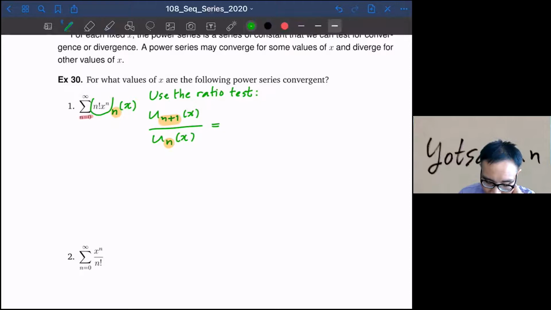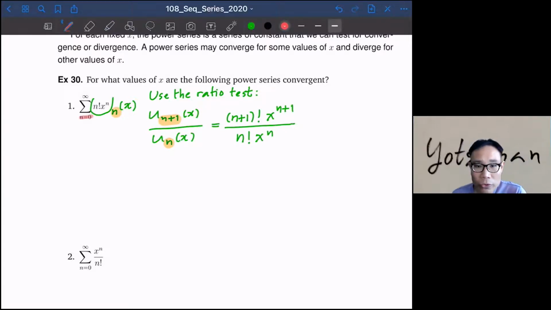So for this one, it's going to be n plus 1 factorial times x to the n plus 1, and on the bottom, n factorial times x to the n. Okay, and when we use the ratio test, you must put the absolute value. So you just put absolute value like this.